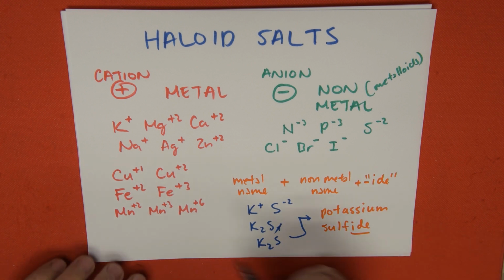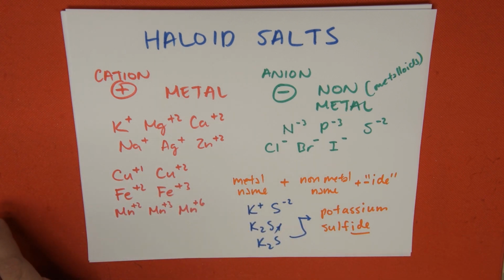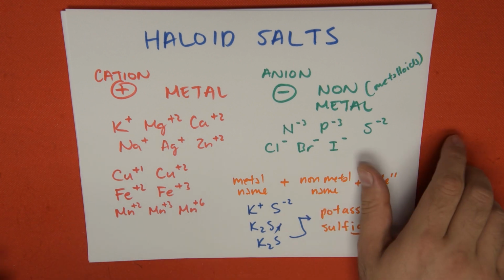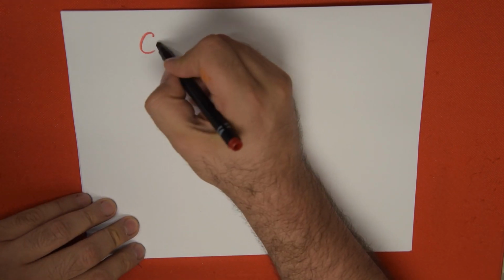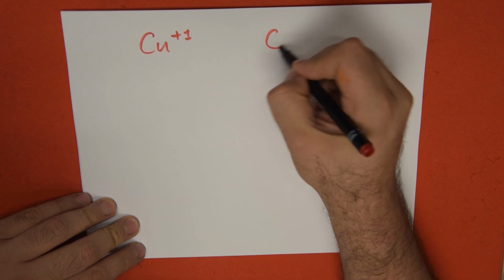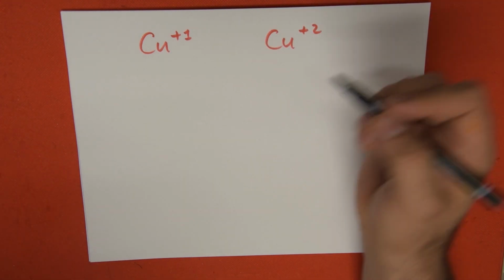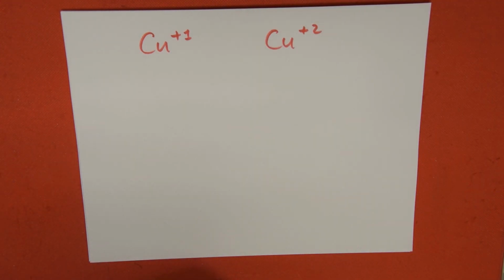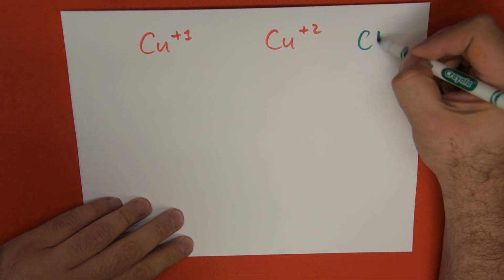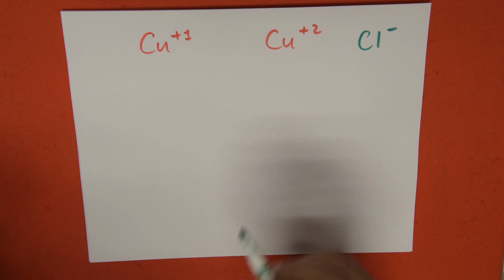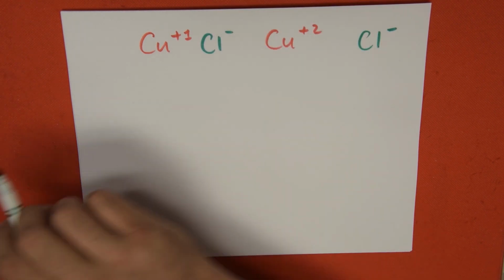Okay? What happens when we have metals with multiple valences? There's a little difference in story because there are two naming styles. Let's take the example of copper. Copper can be +1 and copper can be +2. And if we take a non-metal such as chlorine, which is -1, when we mix it, we're going to get different chemical formulas.